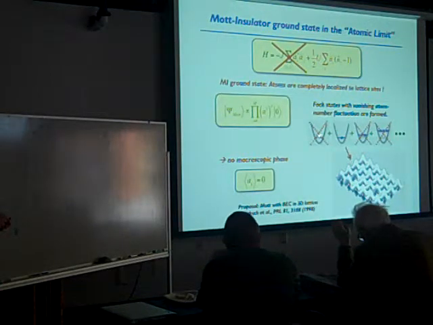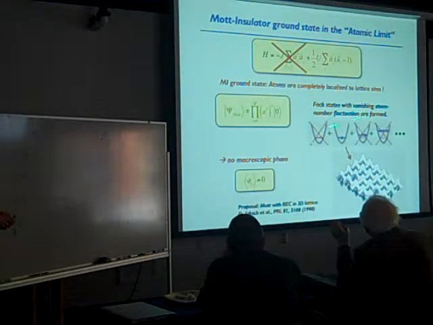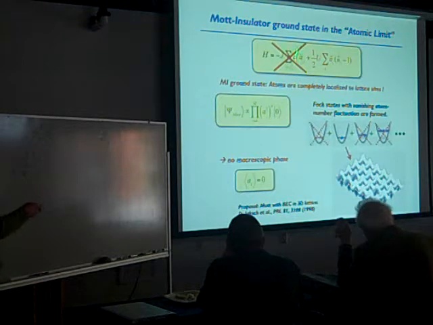Because if you have a 0 somewhere, then you need another lattice site with 2, and that raises the energy a lot, by the interaction energy. So these fluctuations that allowed you to create the coherent state that lowered the kinetic energy before now become energetically costly if you have strong repulsion. And that's what happens then.